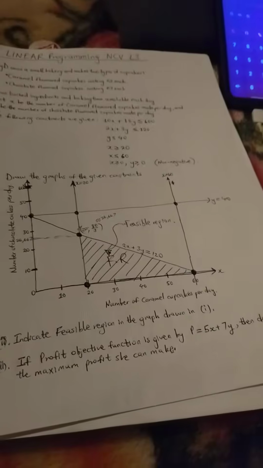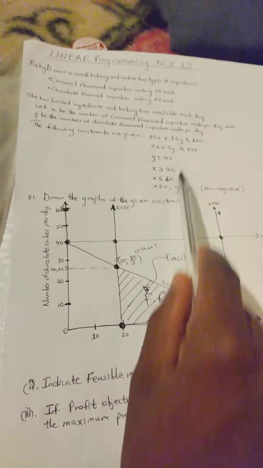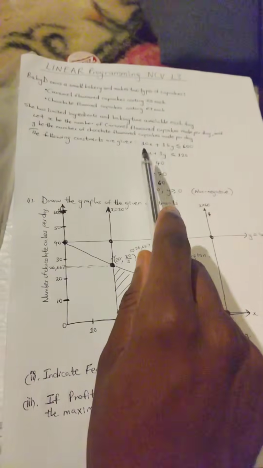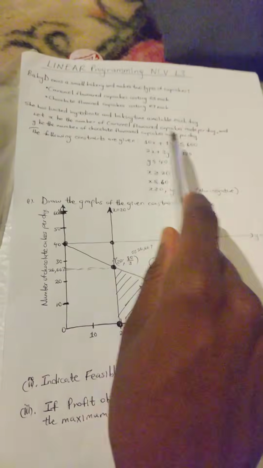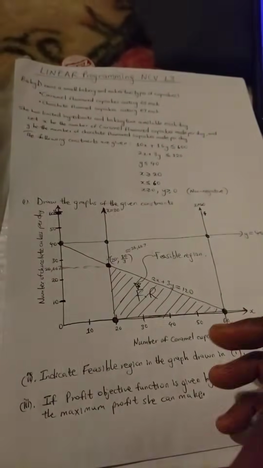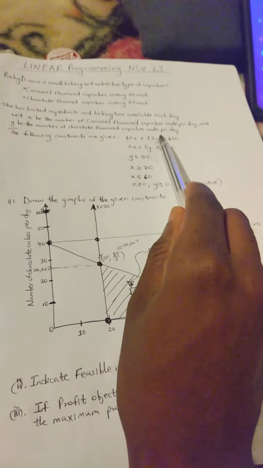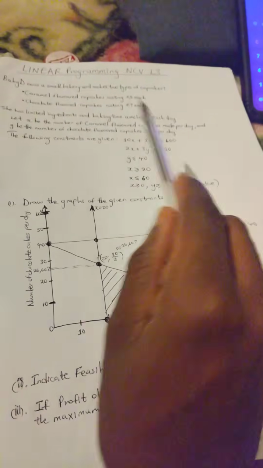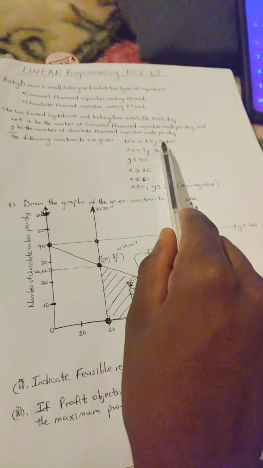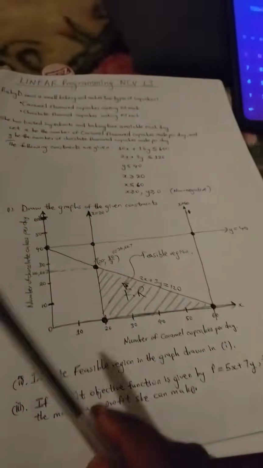And also, you have to be careful on how you read your constraints when you draw them. Remember, when drawing things such as this one's X and Y's, use the intercept method and then just join them. But be careful on the signs. When it's less than or equal to, it means below that line. When it says greater than or equal to, above that line.